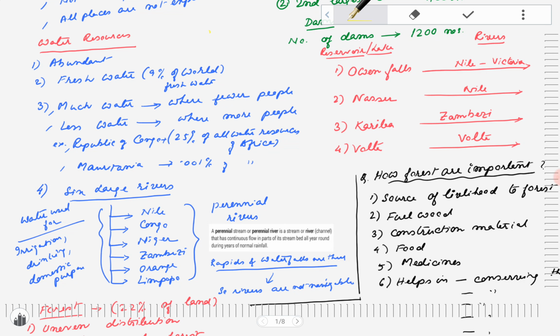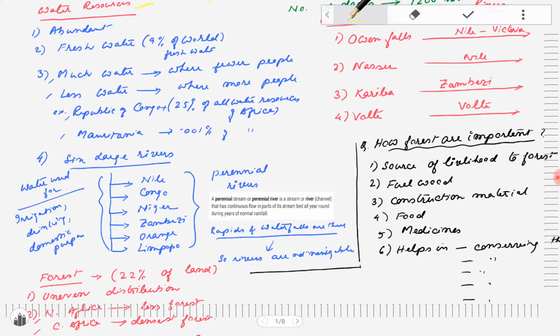Now regarding the water resources, there are abundant water resources. 9% of the world's fresh water is in Africa.